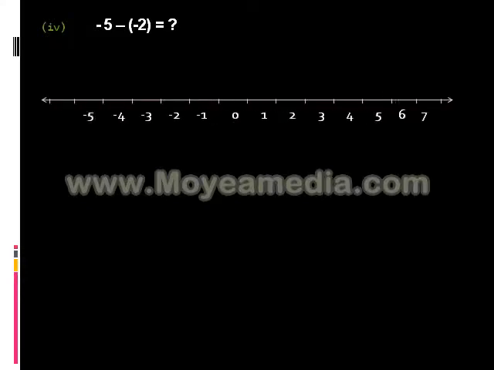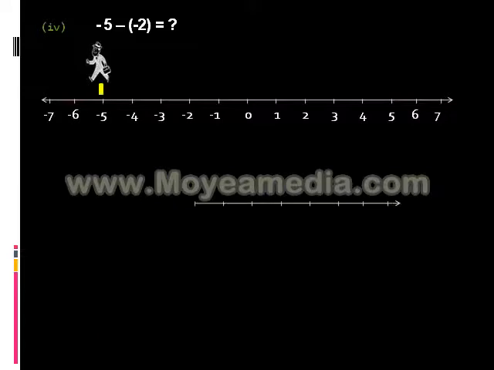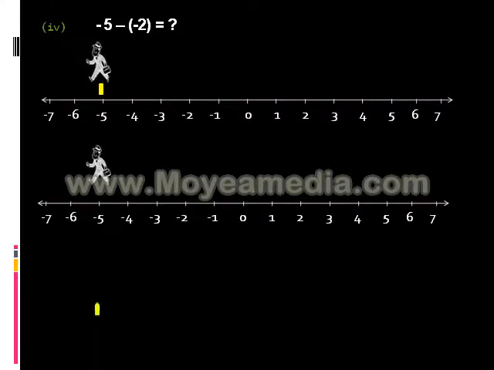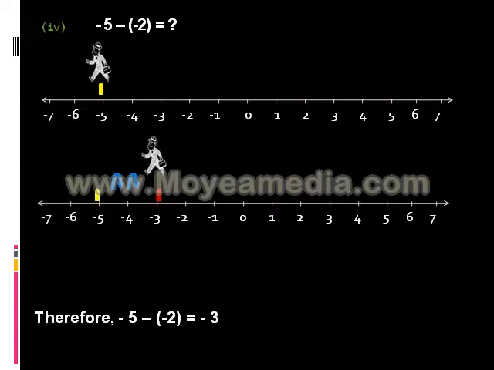Now, last example, from a negative number, negative 5, if you have to subtract negative 2, see what will happen. You stand at negative 5, subtraction means face the negative side, and because you have to subtract a negative number, you take 2 steps backwards, that is the rule, and you reach negative 3. So we conclude that minus 5 subtract minus 2 gives you minus 3.